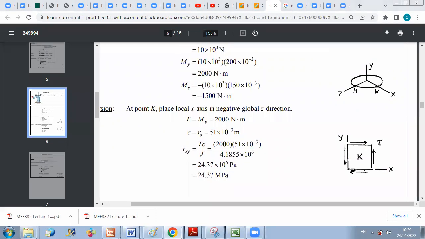What you will do, you will take an element like this, and you will consider the corresponding axes in order to determine the state of stress at my point K.